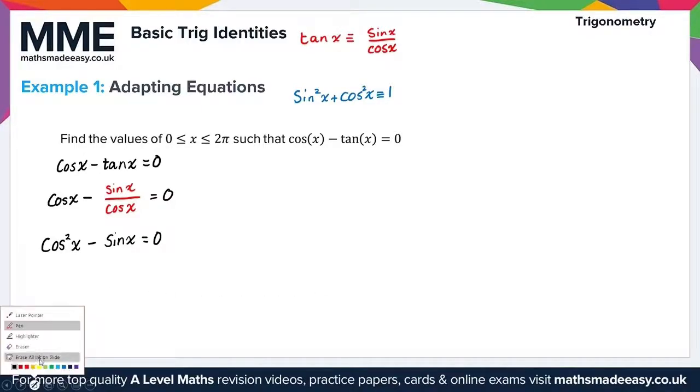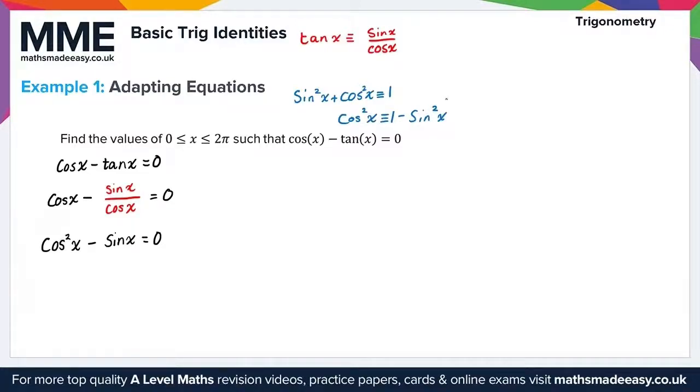Making cos squared x the subject gives us 1 minus sin squared x. So all we need to do now is substitute this expression into cos squared x. Therefore, 1 minus sin squared x minus sin x is equal to 0.